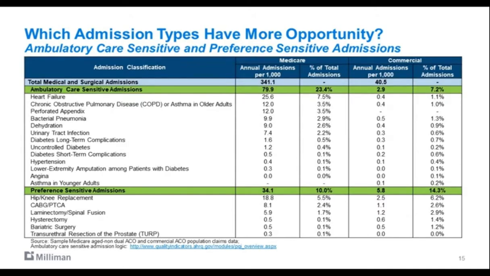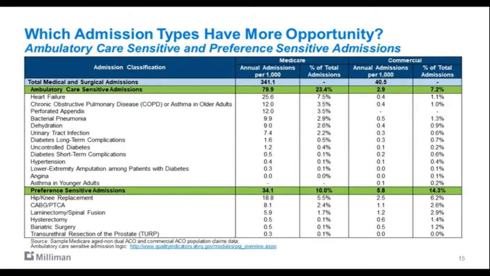You can see commercial, it's only 7.2% of total admissions. Medicare, it's a much bigger number, whereas potentially preference sensitive surgical procedures, which are surgical procedures that could be medically managed, a portion of them could be medically managed. Most need surgery, but there's a percentage, and that's what we show on the bottom here.